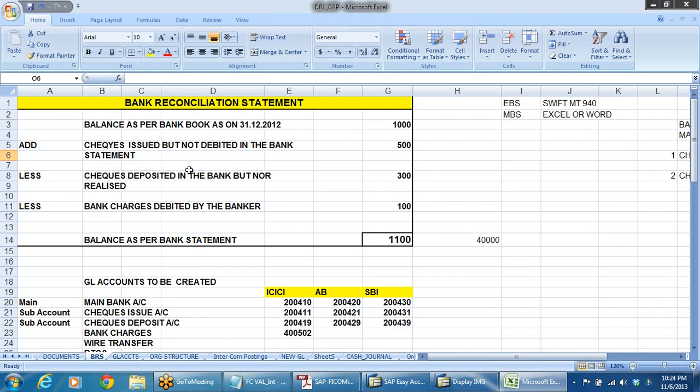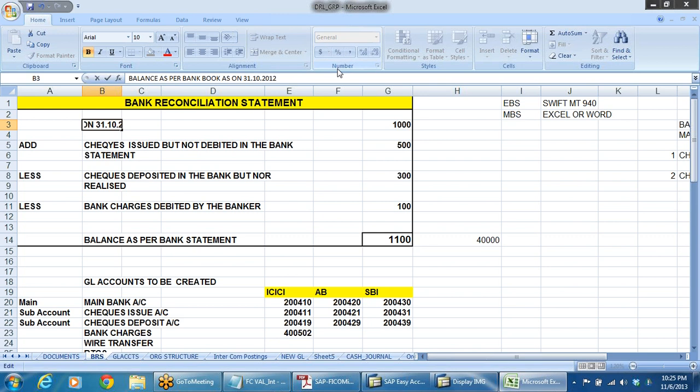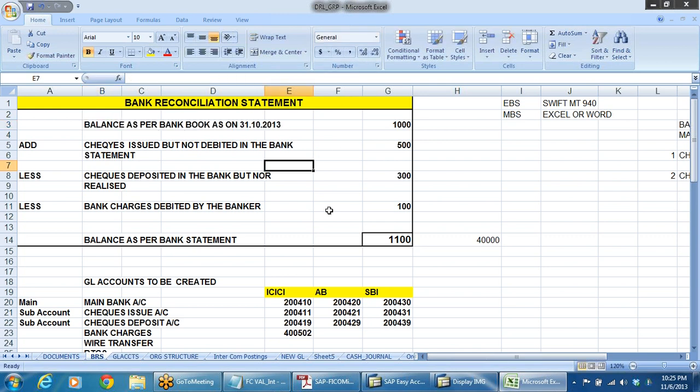Say, for example, a bank reconciliation statement is nothing but the balance as per the bank as on, say, 31 10 2013.